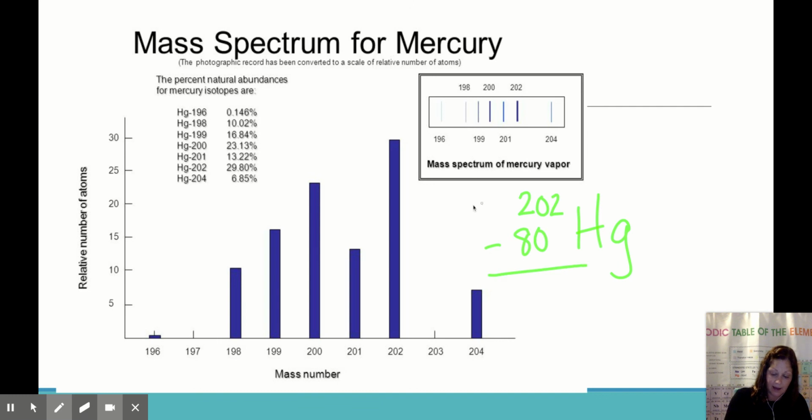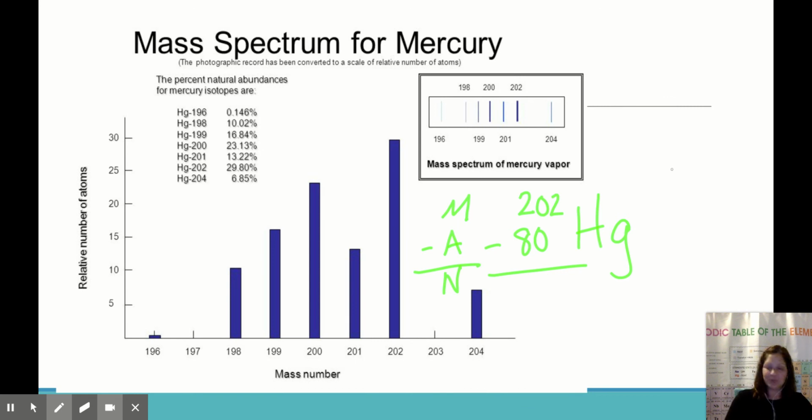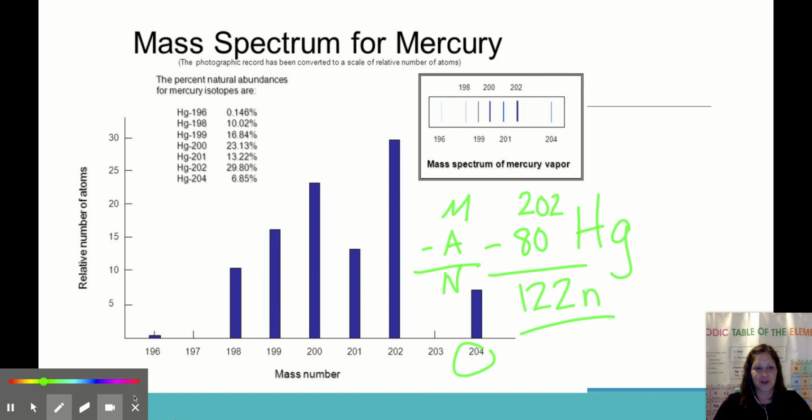And again, we would take mass number minus atomic number to get neutrons. Could be something that they might ask. So do the math. 202 minus 80. See what you get. Everybody should be working with their calculator. Chemistry is not a spectator sport. What you see is that this particular isotope has 122 neutrons, where Mercury 204 means that it has 124 neutrons.